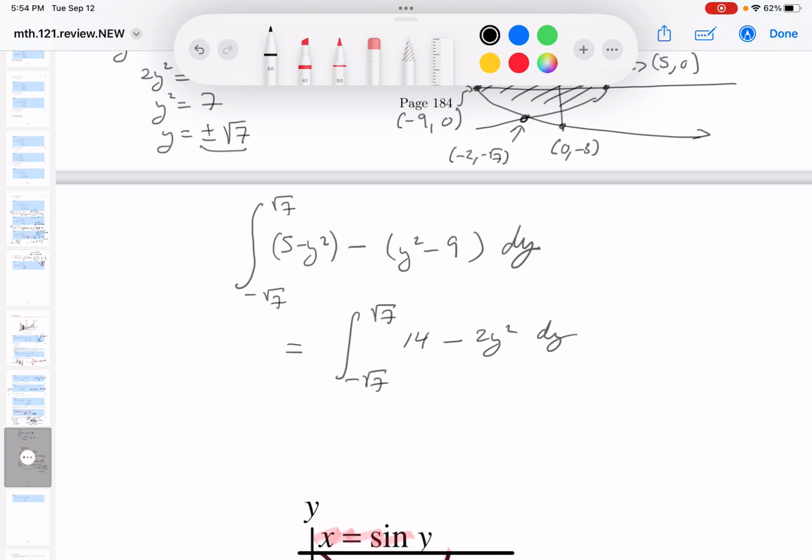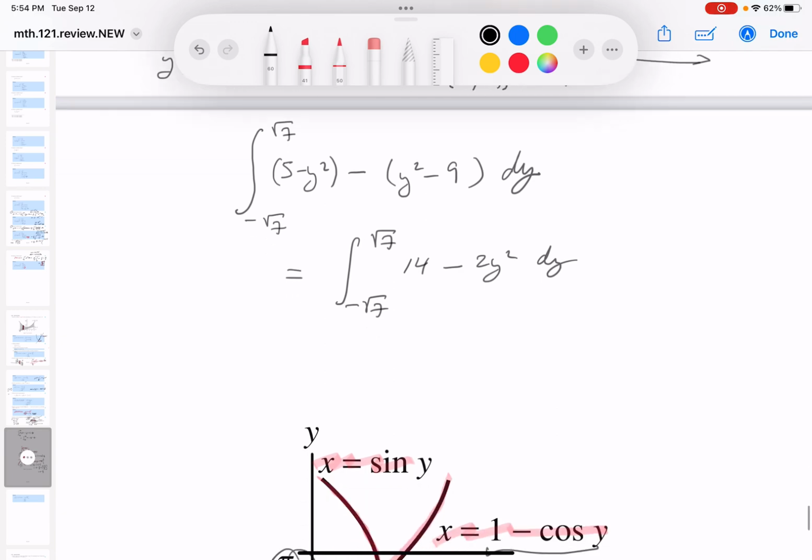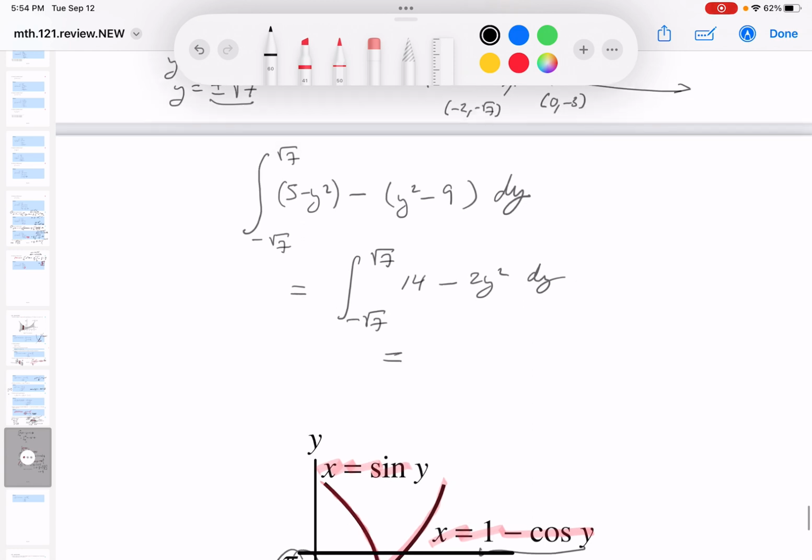Now, I'd like to stop and just make sure I said that right, because 5 minus minus 9 is 5 plus 9, which is 14. Minus y squared is minus 2y squared. Let's keep moving. It's going to be 14y minus 2y cubed over 3, and we're going to integrate from minus root 7 up to root 7.